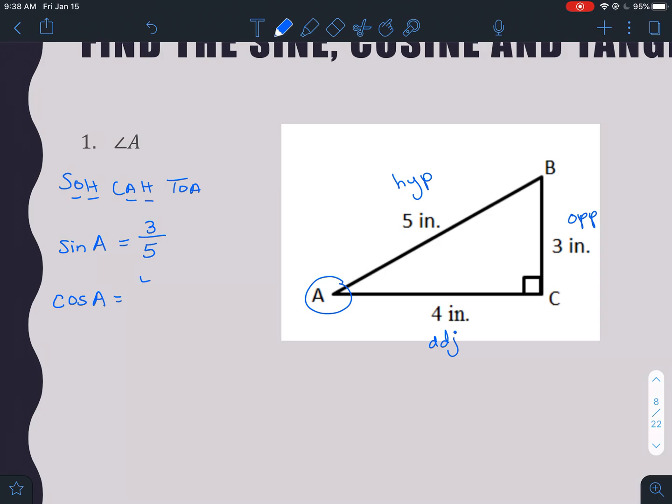The adjacent side is 4, so it'll be 4 over the hypotenuse. The hypotenuse is 5. So the cosine of angle A is going to equal 4 over 5. And then the tangent of angle A, tangent is TOA, so it's opposite over adjacent, so it'll be 3 over 4. And that would be the sine, cosine, and tangent for angle A.